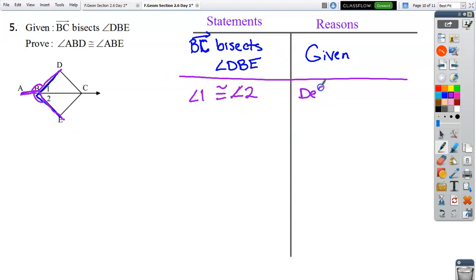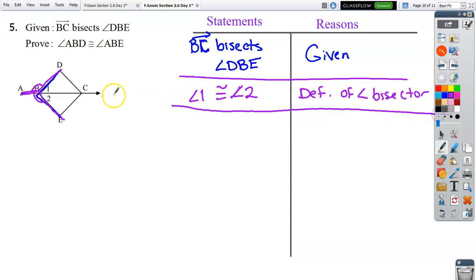So that would be the definition of angle bisector. Cool. So now we know that angle 1 is congruent to angle 2. Done.